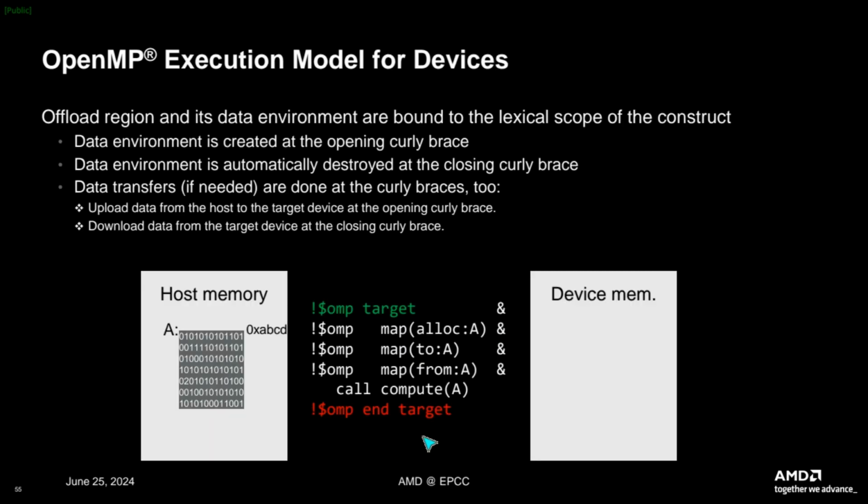And to move memory back and forth, you're going to use these map clauses. Target means it's going to offload to the GPU. Map is going to move the memory from the host to the device and back. In this case, we're looking at Fortran style directives. They're very similar for C and C++ pragmas.